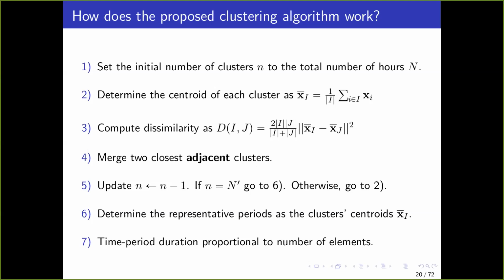You can merge 4 p.m. either with 5 p.m. or 3 p.m. And then you go on until you reduce the number of clusters, and then the time duration of each aggregated time period is going to be proportional to the number of elements in the clusters.